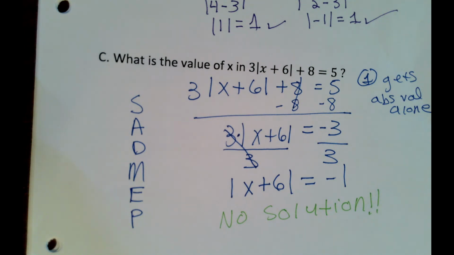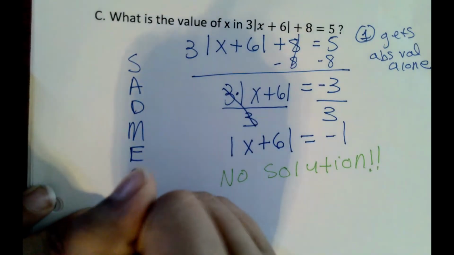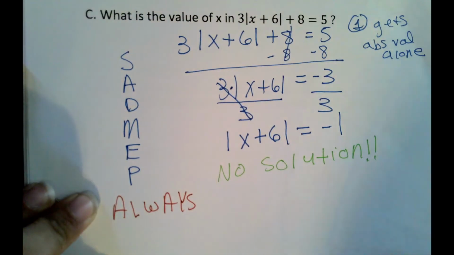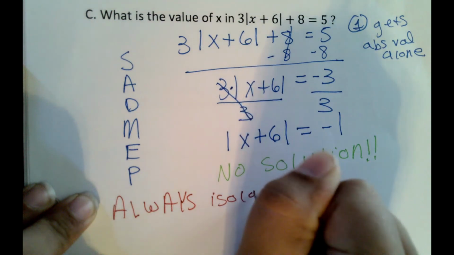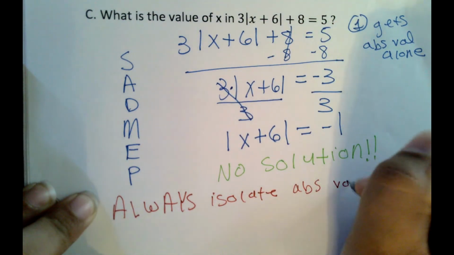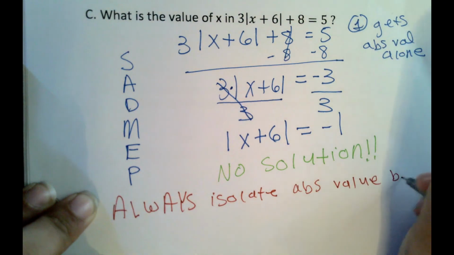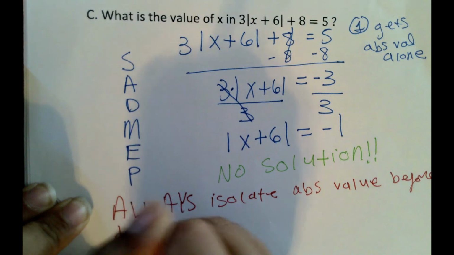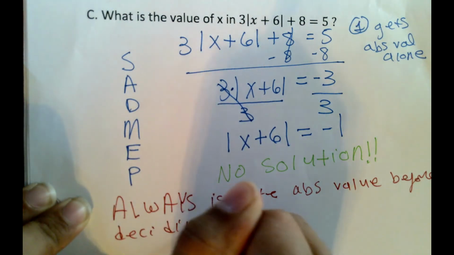Now, I'm going to give you some caution when it comes to our no solutions here. Always isolate your absolute value before deciding no solution.